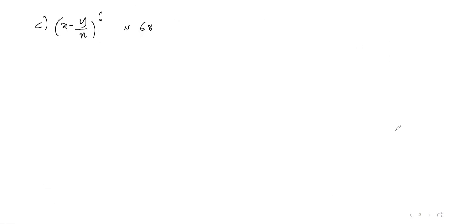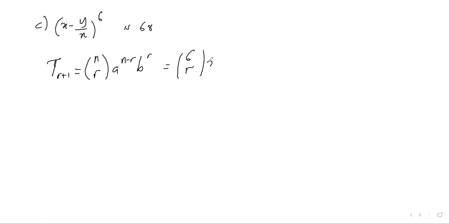Okay. So here we're told that if the term independent of x is 68, let's find the value of y. So we solve this question as if we are finding the term independent of x, using the formula nCr a^(n minus r) b^r. Where there's n, we put 6, and we don't know what r is.